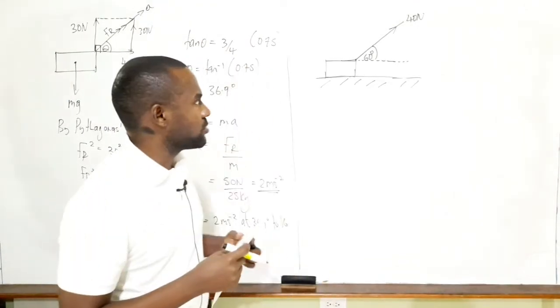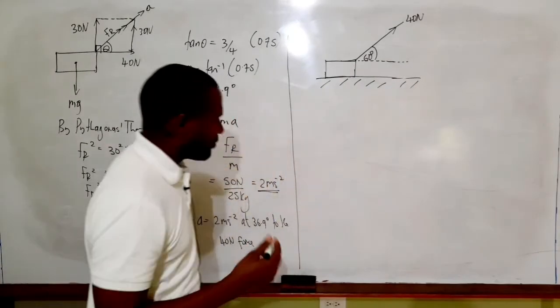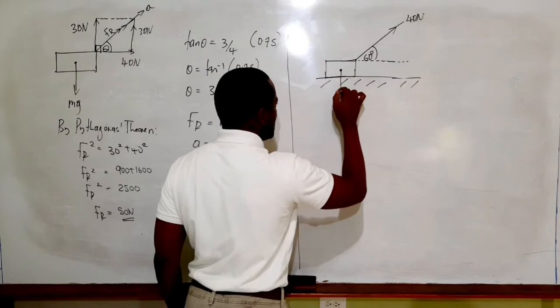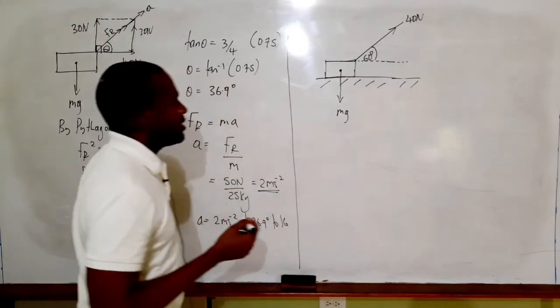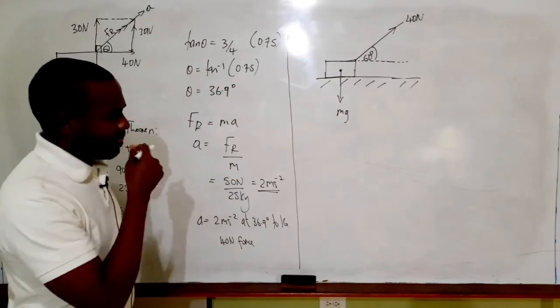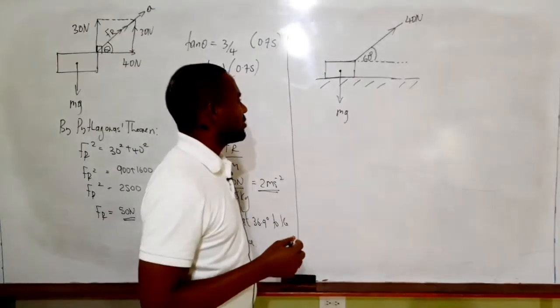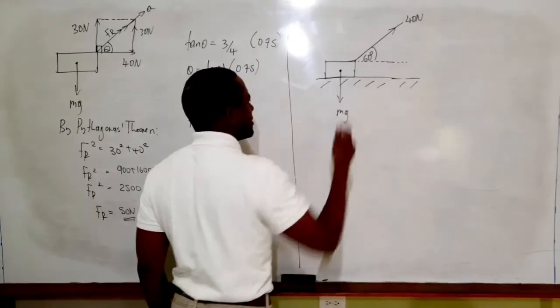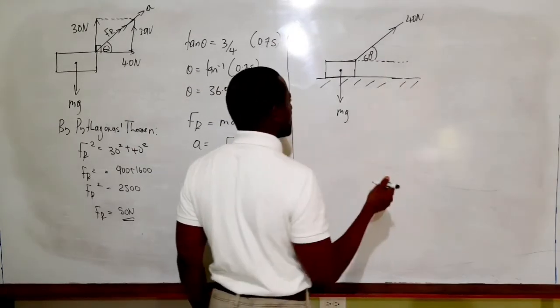on the ground. Now, the first thing we must do is to try to establish other forces acting on the body. There's always going to be the body's weight, which always acts vertically downwards, right? Now, this force is acting at an angle of 60 degrees to the horizontal, and therefore it can be resolved into its components.